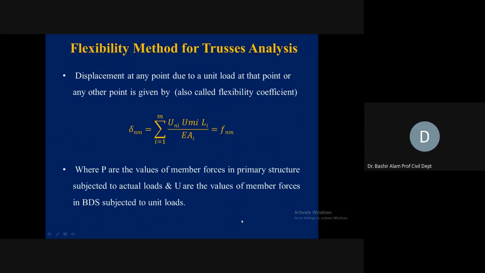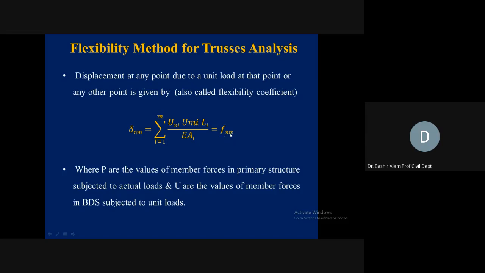Now, the flexibility coefficient elements will be the product of small u's accordingly. If it is NM, then U will also be NM, the product of N and M values. If it is NN, it will be N times N, like F11, so these U1 will become this.